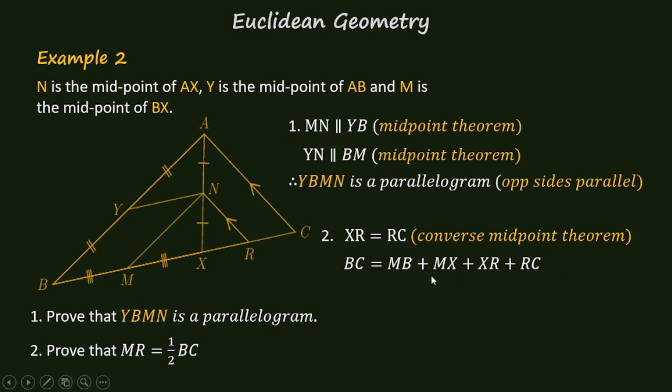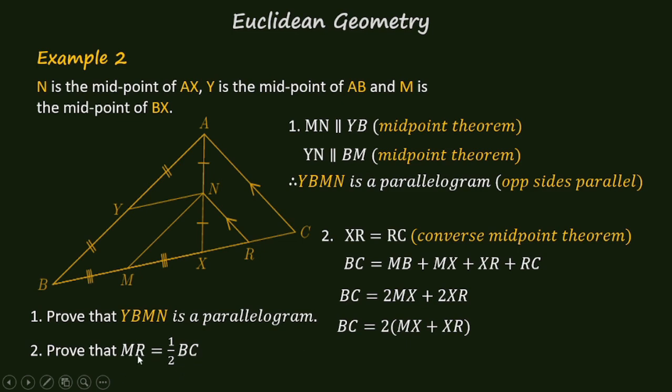That means I can write this as 2MX and write this as 2XR, because MB and MX are equal, XR and RC are equal. So if I take out 2 as a common factor, in brackets I have MX plus XR. Remember, I am trying to show that MR is half BC.